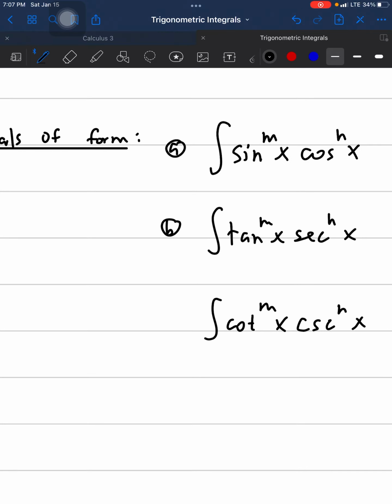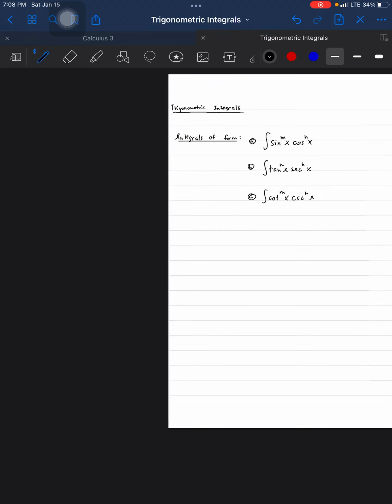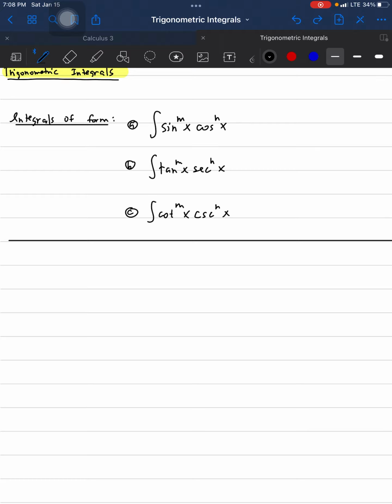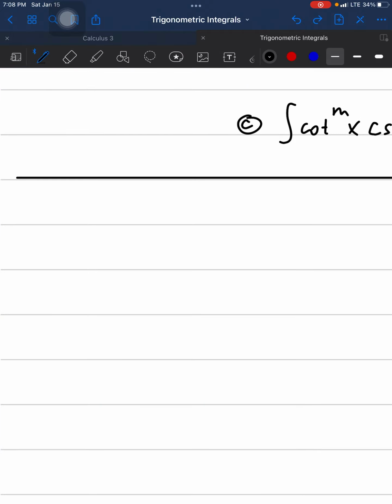So these are just the cases. So let's say this is case A, case B, case C, right? So we'll just start with case A first, with the sine and cosine.